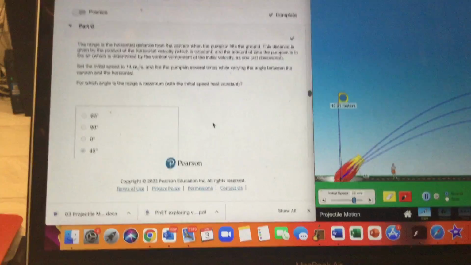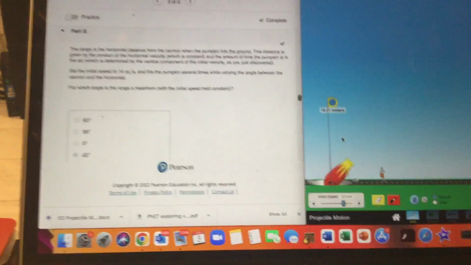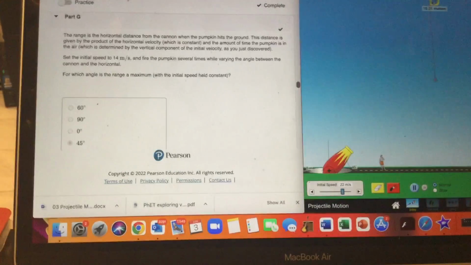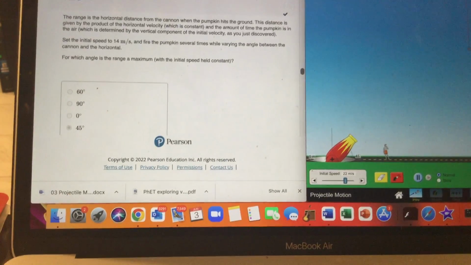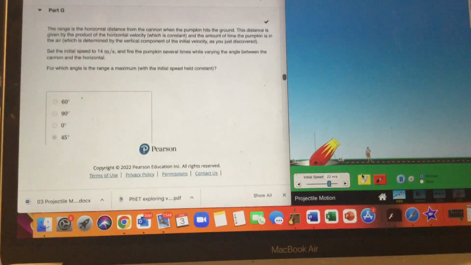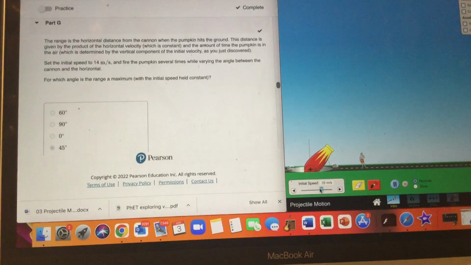Okay, so we'll test this out. We'll clear this off. Okay, set it to 14 meters per second.